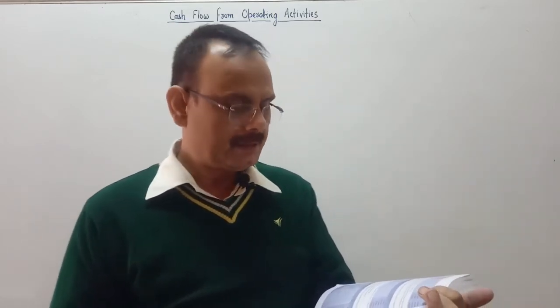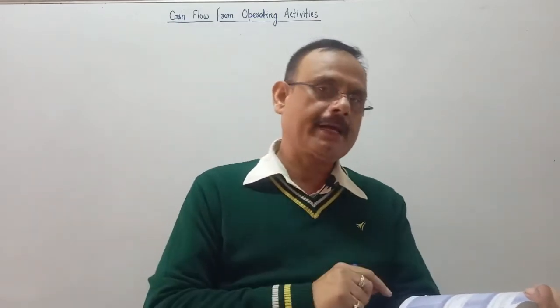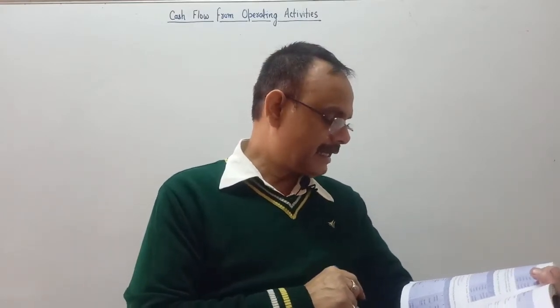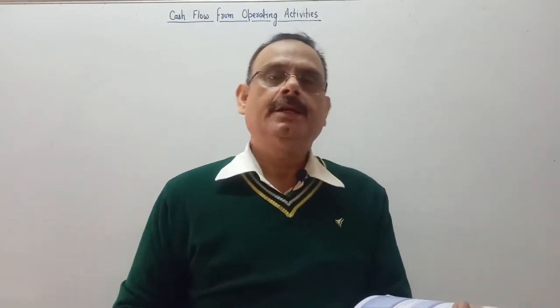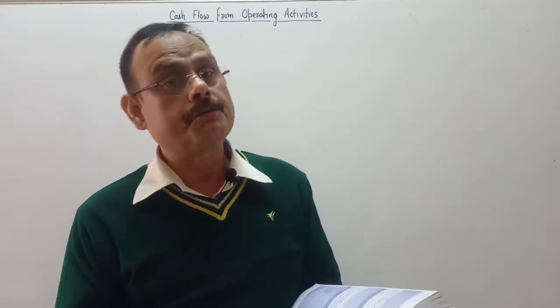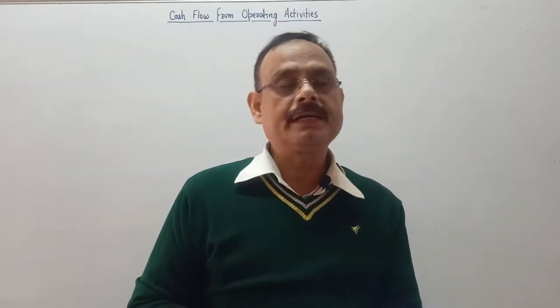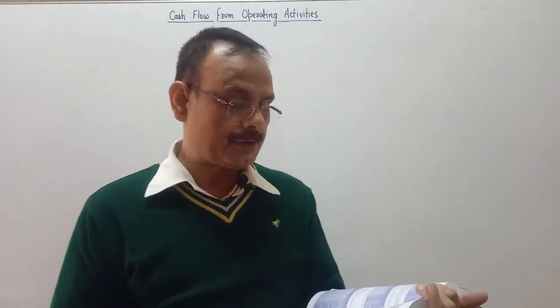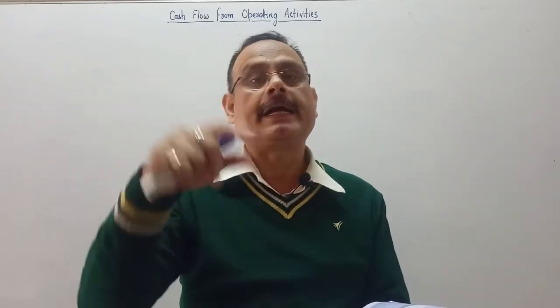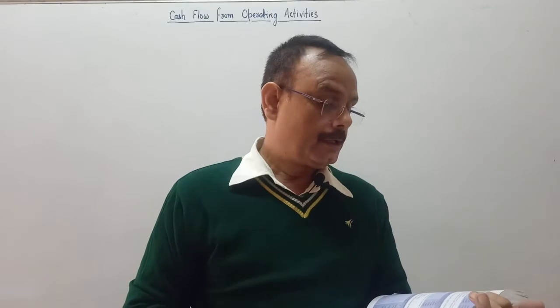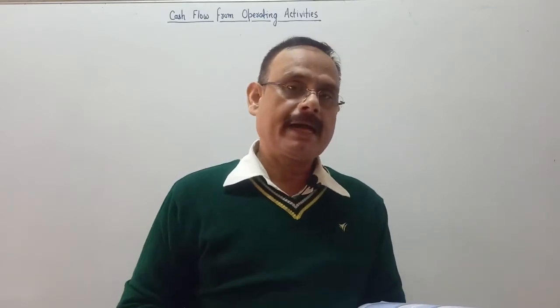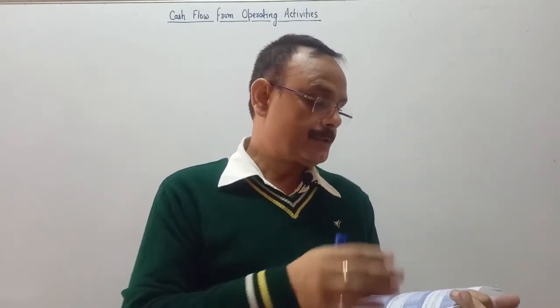Now I come back to the balance sheet. The next item is non-current investment, note number 4. In note number 4 it is mentioned that the rate of interest on investment is 8% per annum. Now I return to the balance sheet.